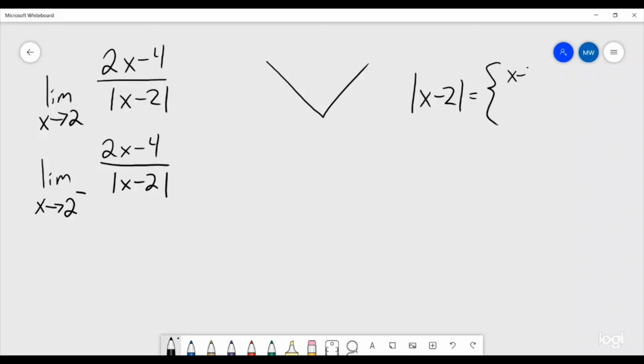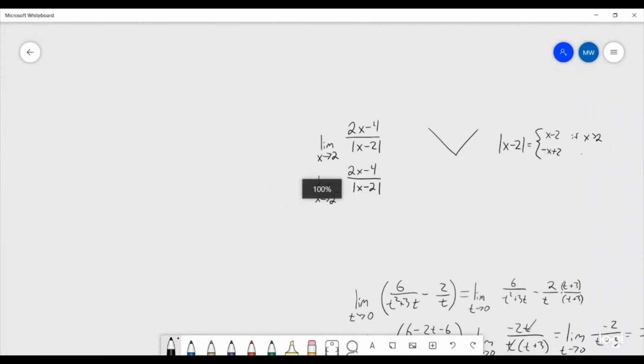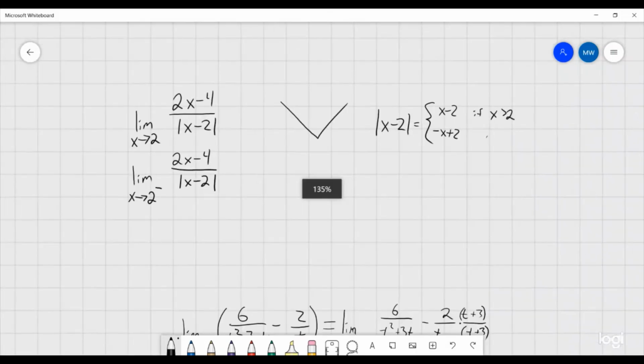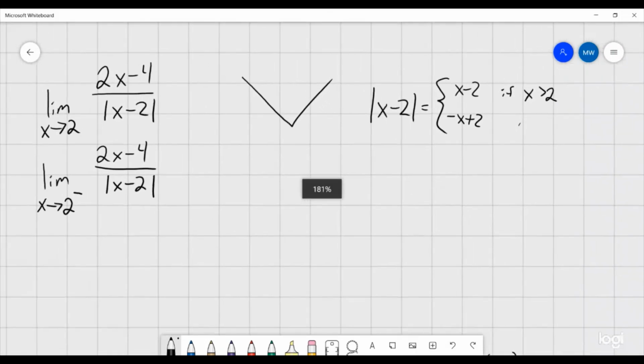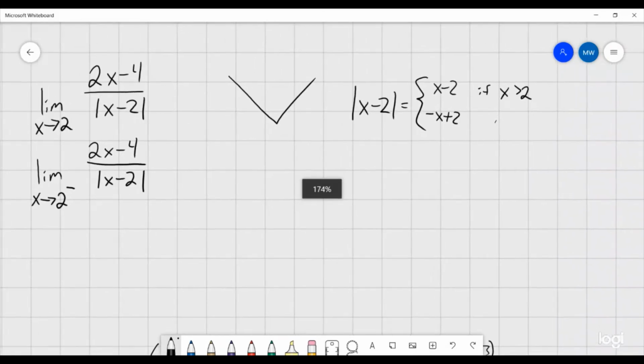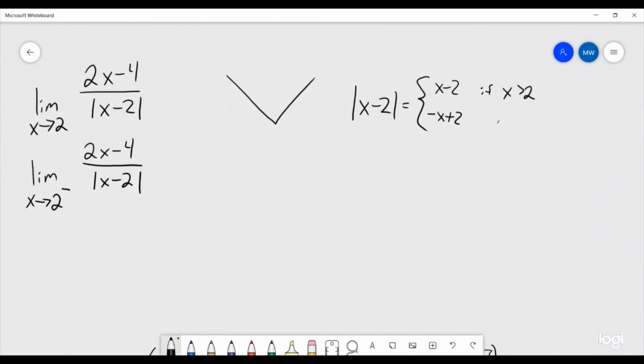It's either x minus 2 if x is greater than 2, or it's negative x plus 2 if x is less than or equal to 2.